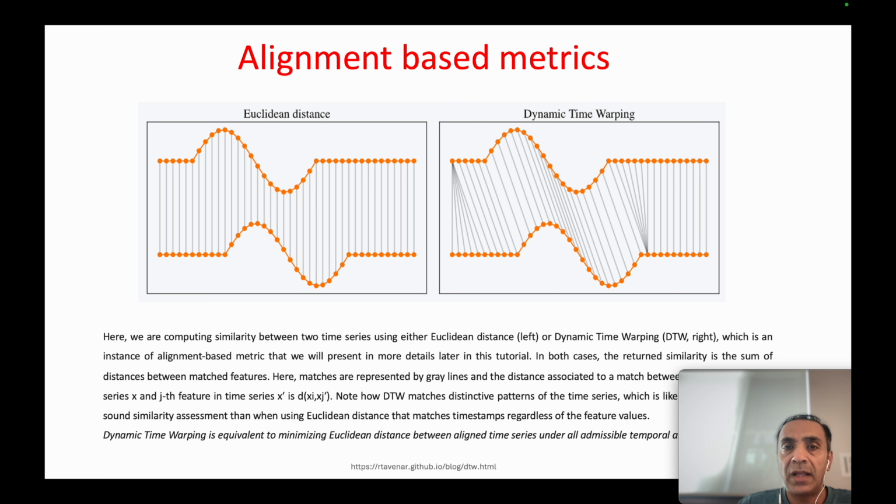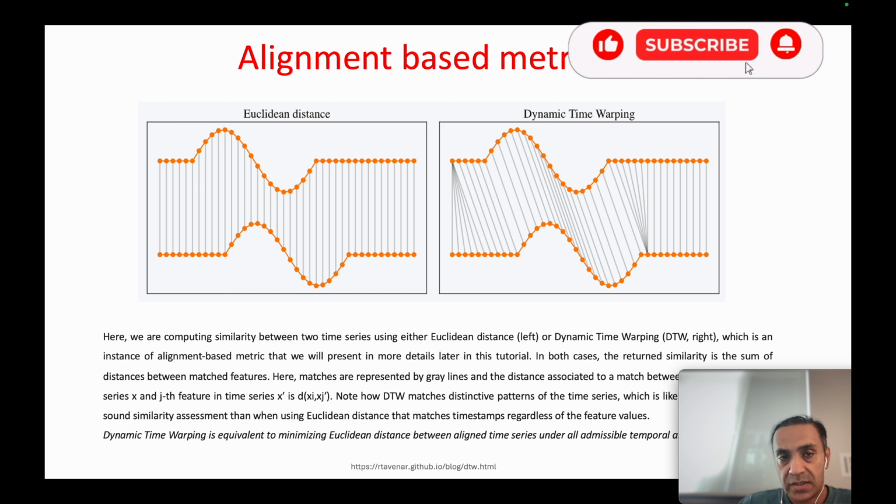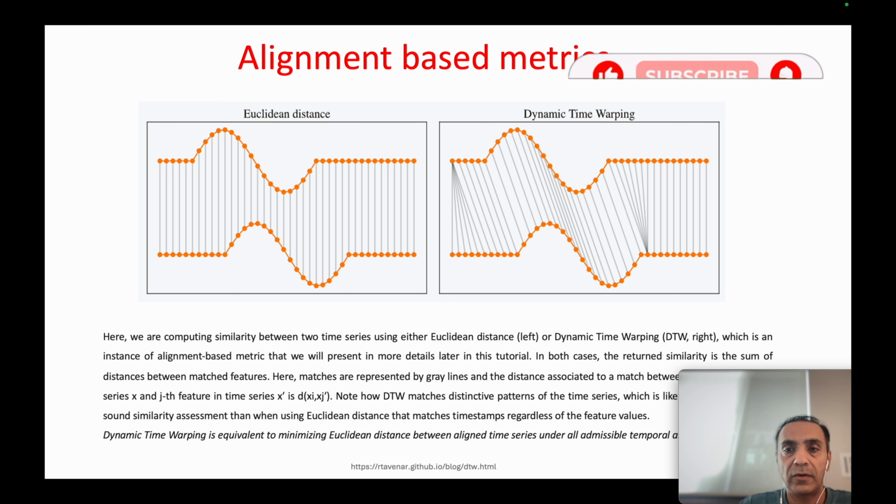Alright, so what are alignment-based metrics? This graph shows Euclidean distance on the left and dynamic time warping on the right. In Euclidean distance, there's always one-to-one mapping, which means each timestamp's value is compared with its respective timestamp in the other sequence.